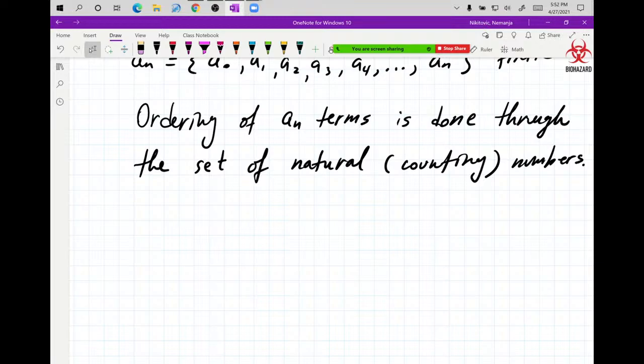You can't just pile up numbers and call it a sequence. That's a set. It's very loose, right? Definition, set. It's just a bunch of numbers. No order, no rule, nothing. It's just a pile of stuff.